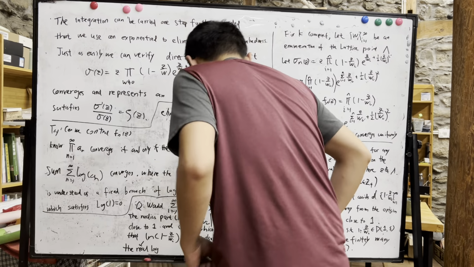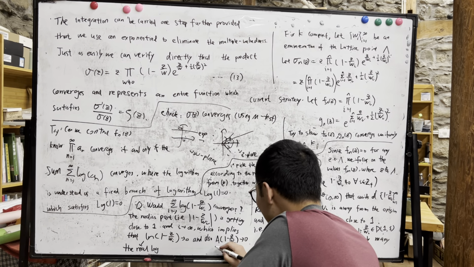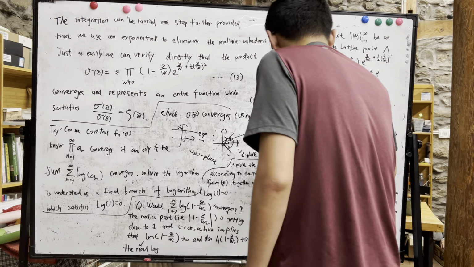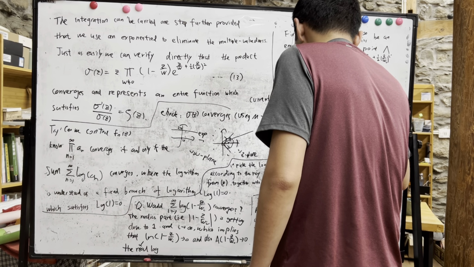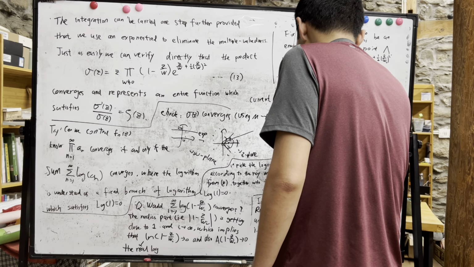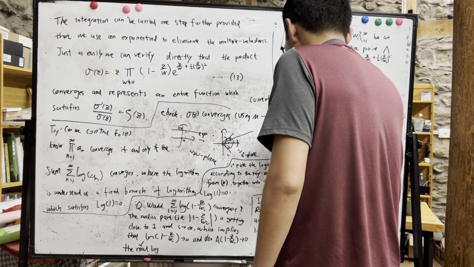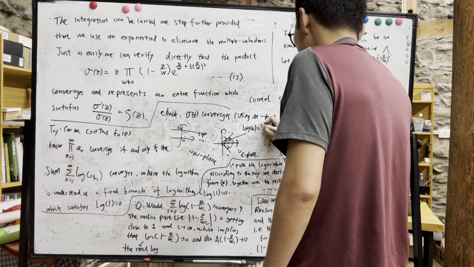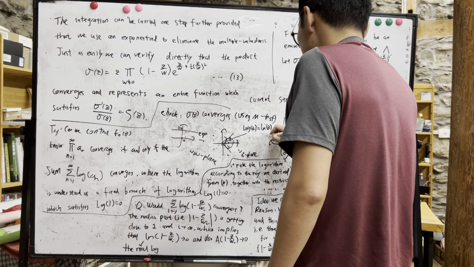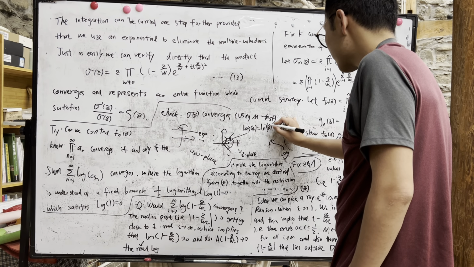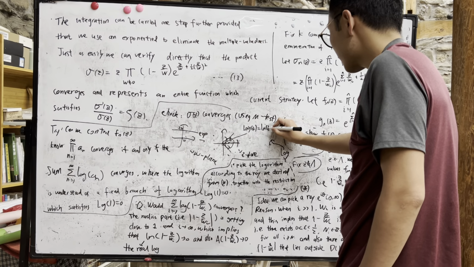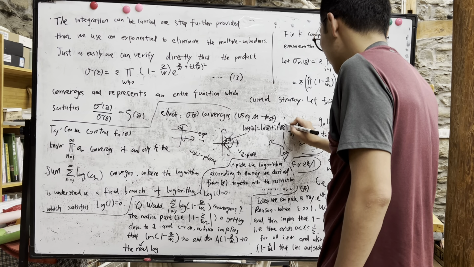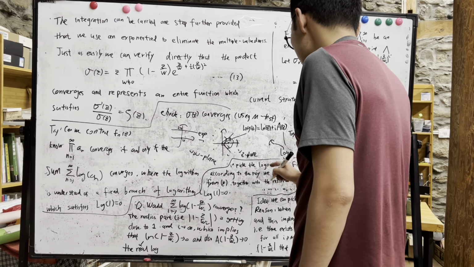So, log z is equal to the real log, for which we use ln, of the modulus of z, plus i times A of z.